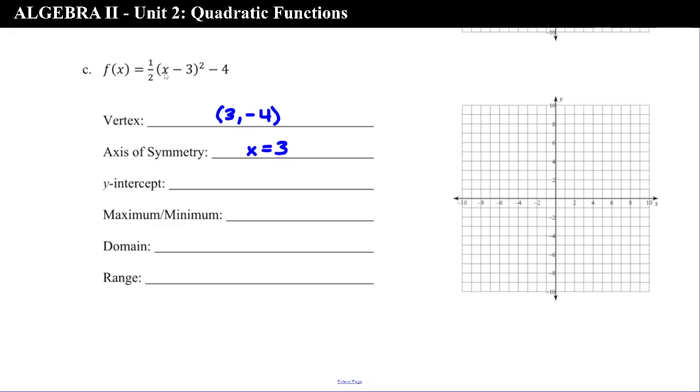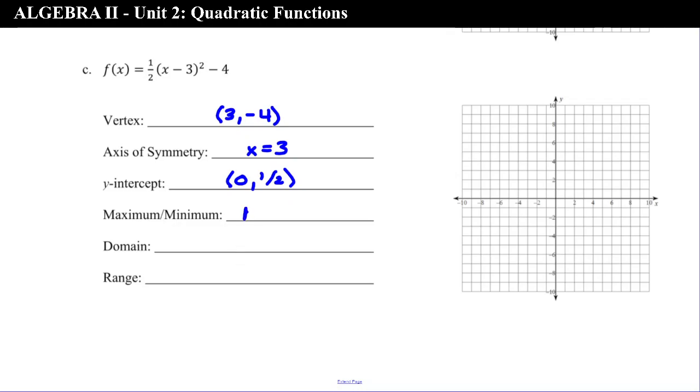And so we end up with 9 halves, because we multiply it by the 1/2 out in front, minus 4. Well, 4 is actually 8 halves. You can rewrite it that way to get a common denominator. So you have 9 halves minus 8 halves, which gives you 1 half. So our y-intercept is at 0, 1 half.